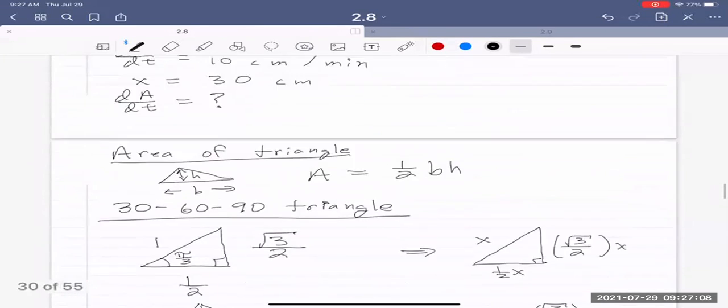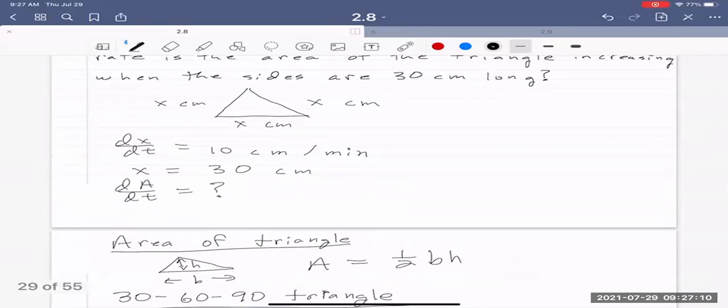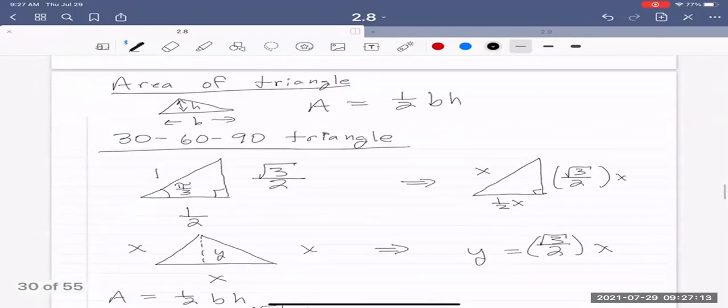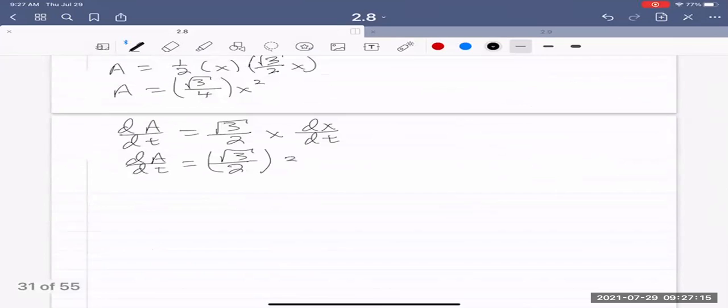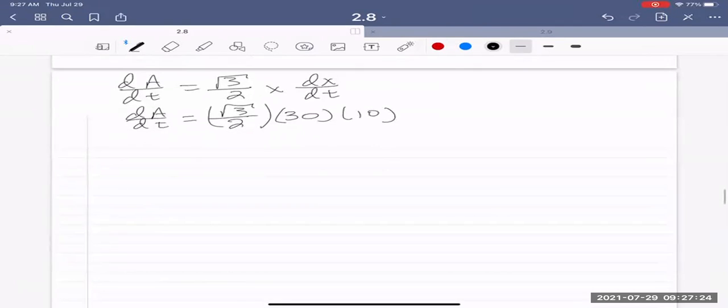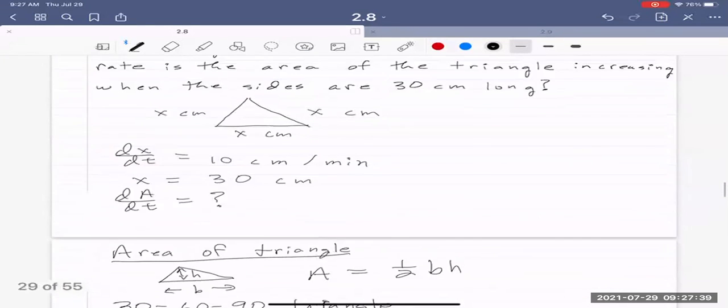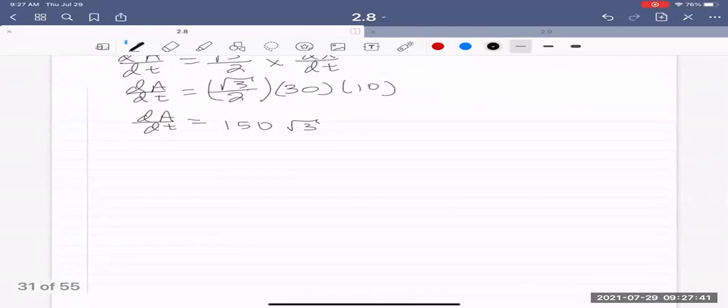Well, x is 30 and dx/dt is 10. And so this is just 150 root 3, and this is in square centimeters per minute.